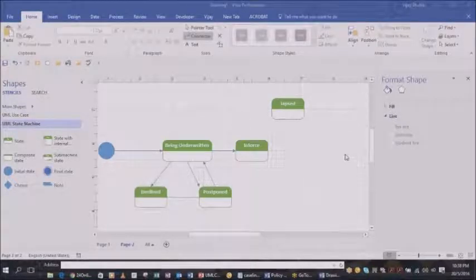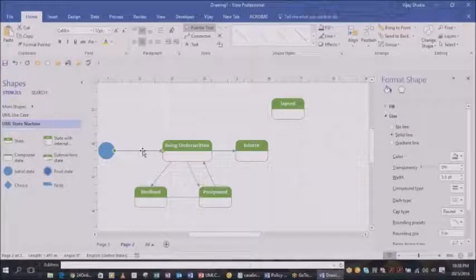So you see the enforced policy can become lapsed. So there will be a transition between enforced to lapsed. I'll just copy this tool.